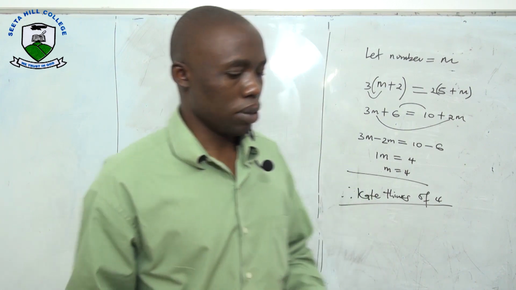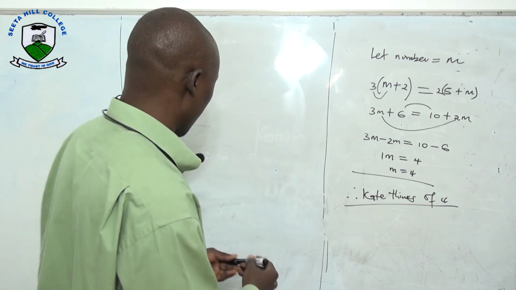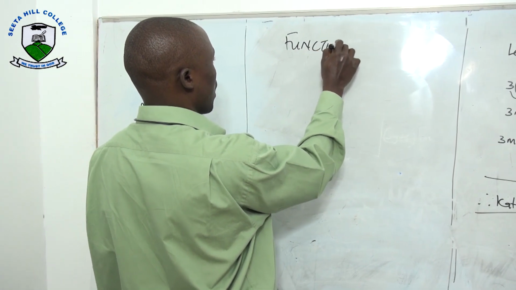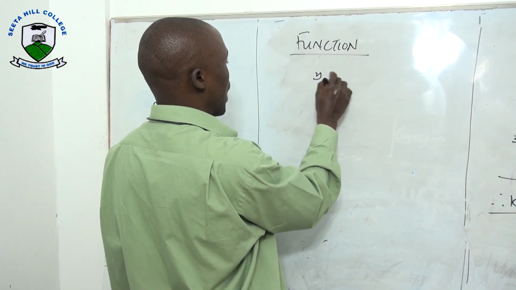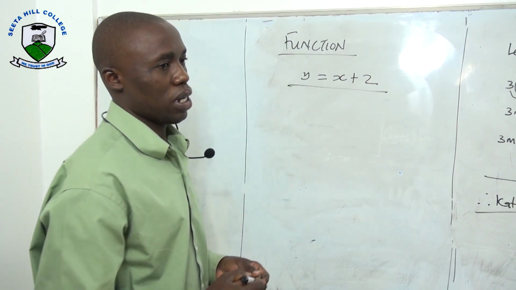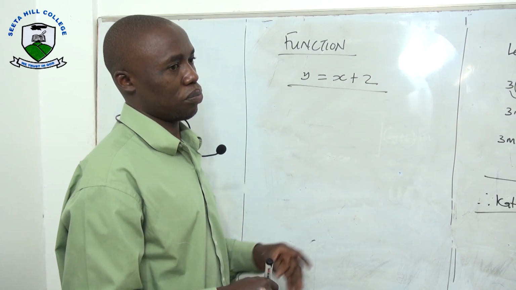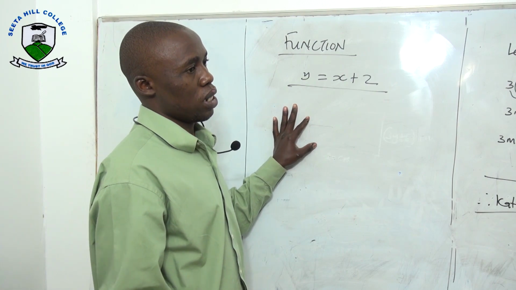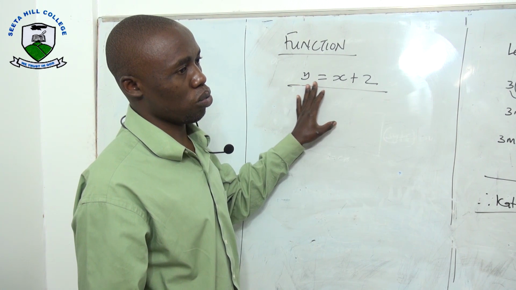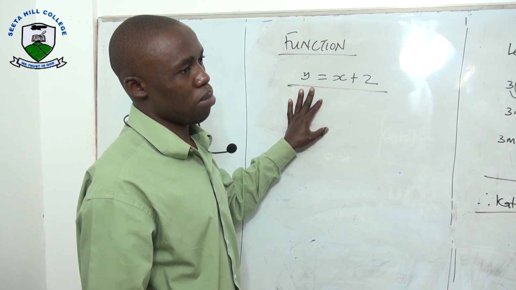Now, let me check what a function would be. If we wrote y is equal to x plus 2, this is an equation, not so? Now, x is being connected to y by this equation.